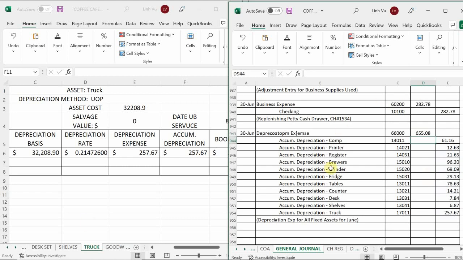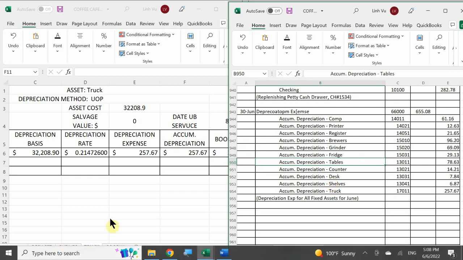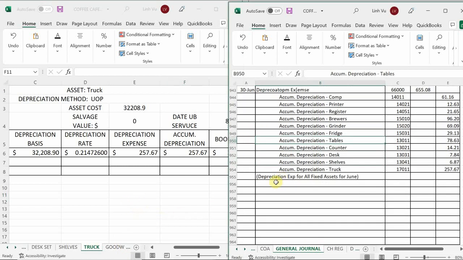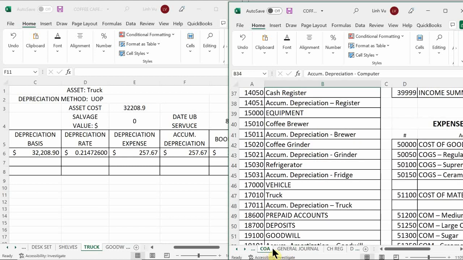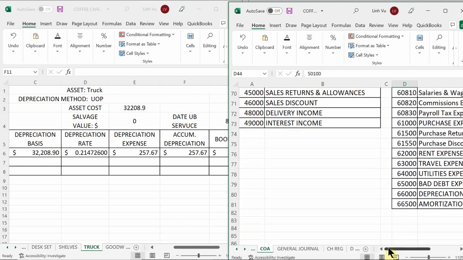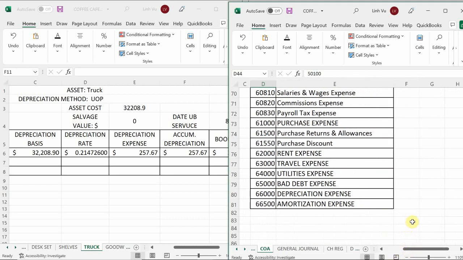Okay, so now once again, I need to go to my journal and plug in all of my numbers. But in this case, let's go ahead and finish up the depreciation tables by adding that last account here for the amortization. Because again, it is similar to depreciation, except you're only going to be amortizing it instead, because it is an intangible asset.